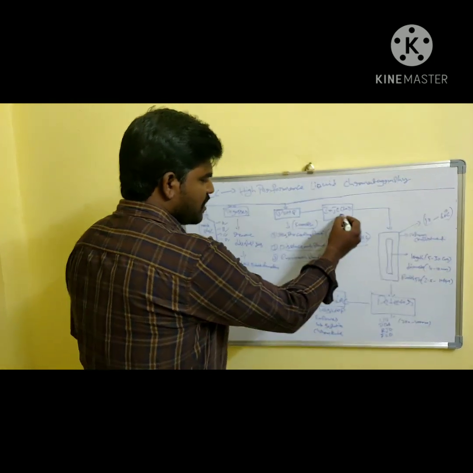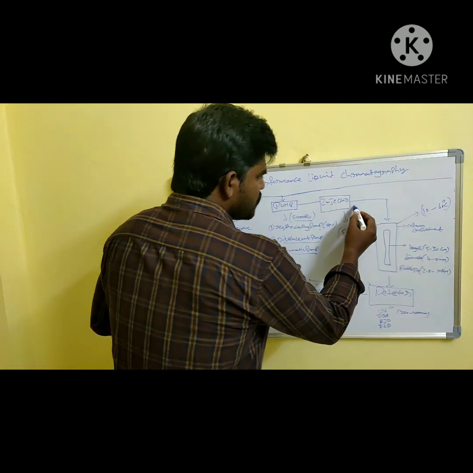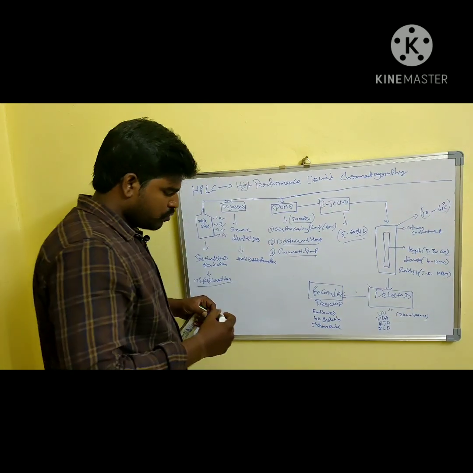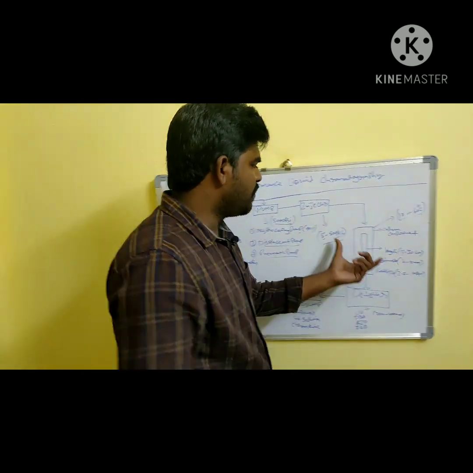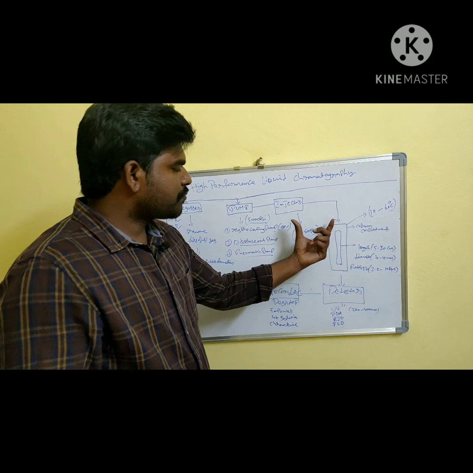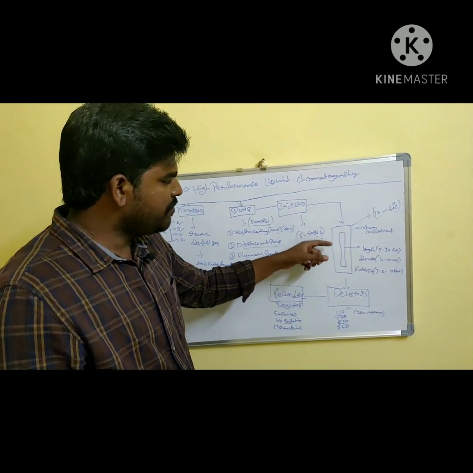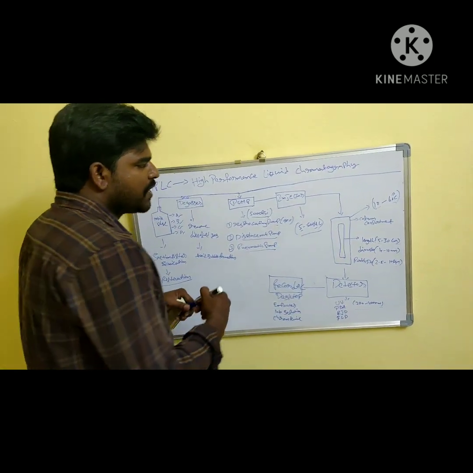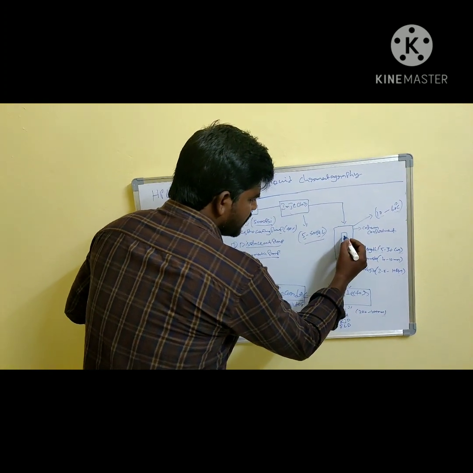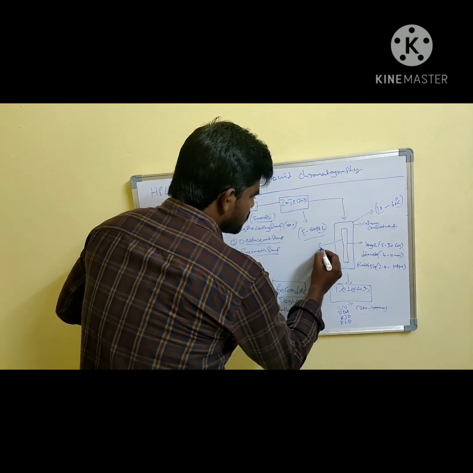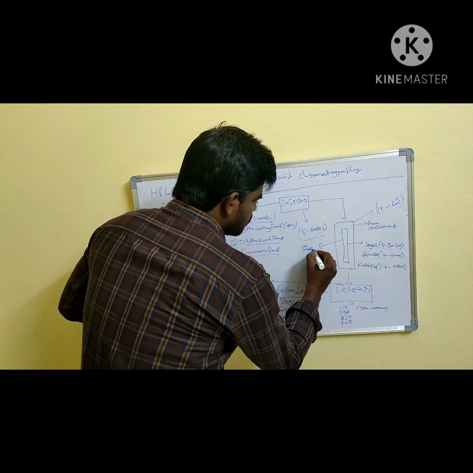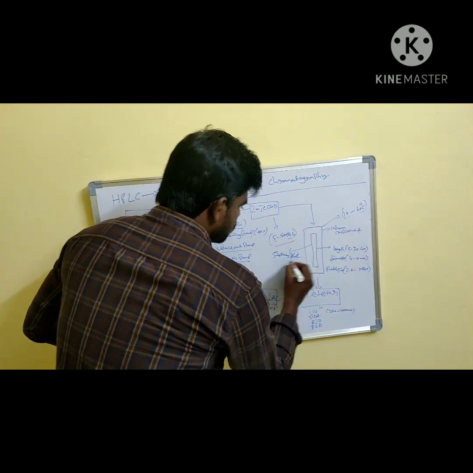Whenever we inject the sample into the injector, it reaches the column. This column helps to separate the mixture of components into individual components. This column contains stationary phase, silica.